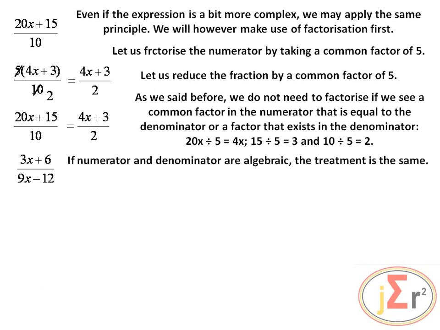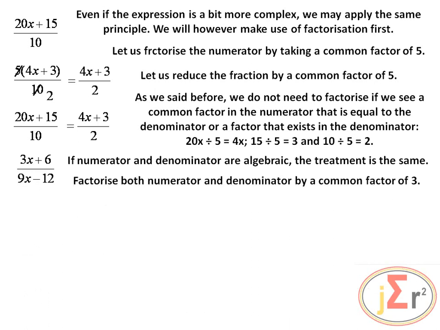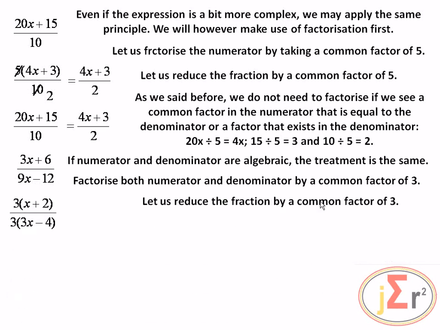We could do the same thing by factorization, taking a common factor of 3, because the numerator has a common factor of 3 and the denominator has a common factor of 3. And after doing that, it is easy. We just reduce the fraction by the common factor of 3. The 3s are gone, and all that is left is x plus 2 over 3x minus 4, and we write it right there.